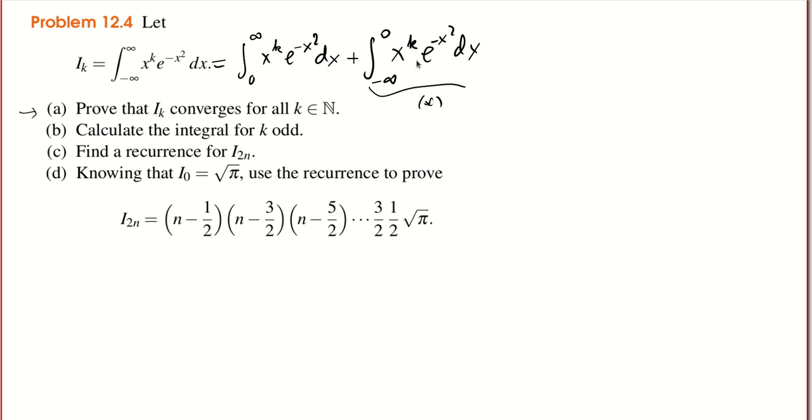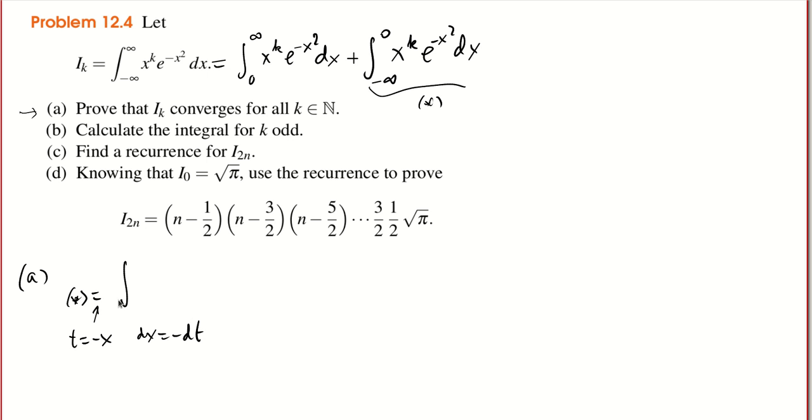And the reason for that is, if you look at this here, and this is the answer to A, if we make a change of variable, which is just t equal to minus x, so dx is equal to minus dt, then what we have is the following.